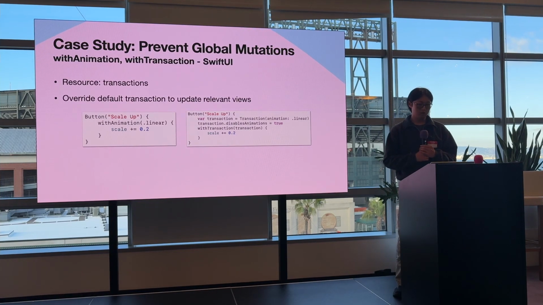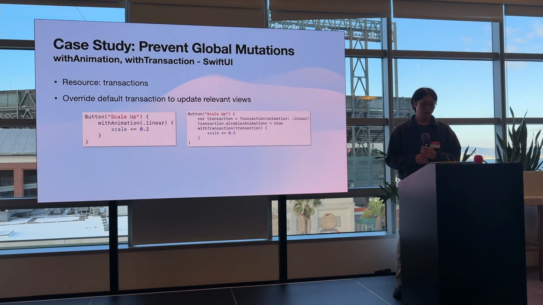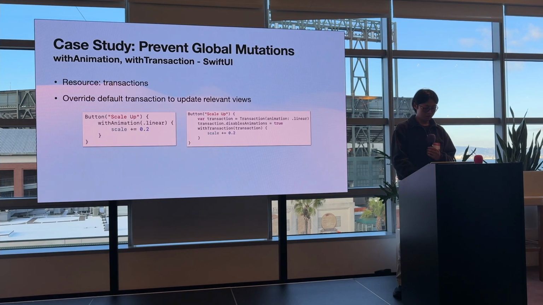The resource we're dealing with here is transactions. Transactions basically specify how SwiftUI should update views whenever some properties on them change. And by using this function, we can override the default transaction if you want to update some properties.